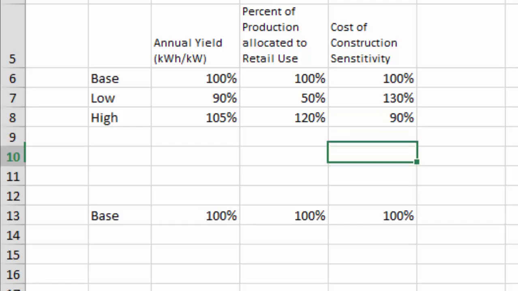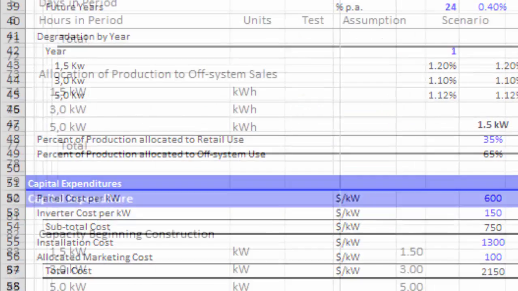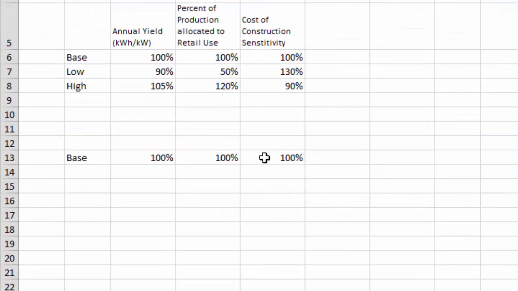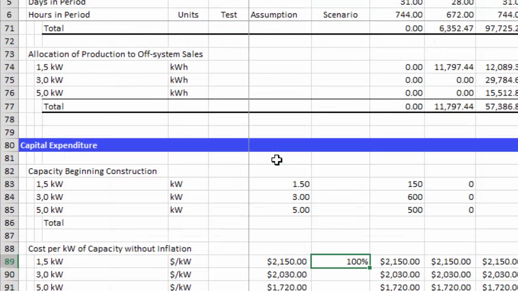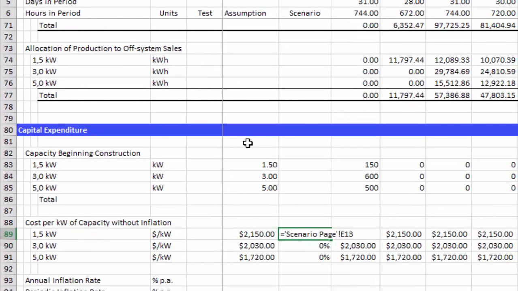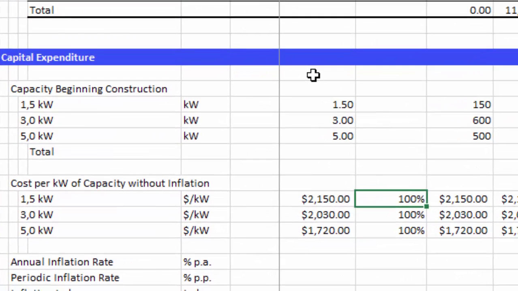You know, there's the whole, and then we'll just again take these from the scenario page. I hope I'm not being irritating by going back and forth between the pages.